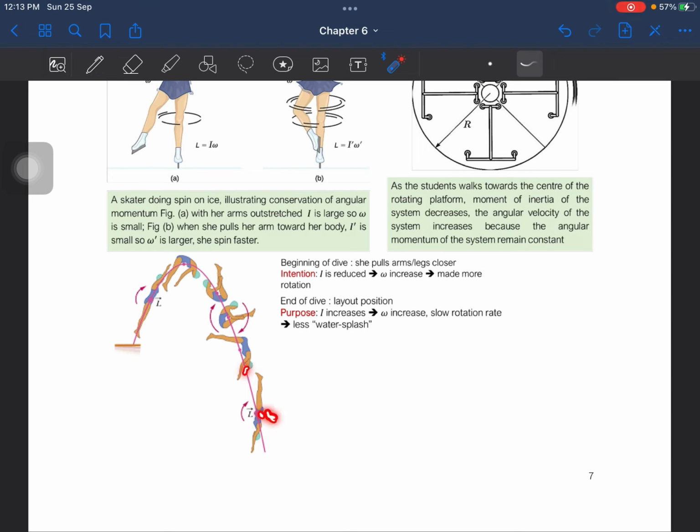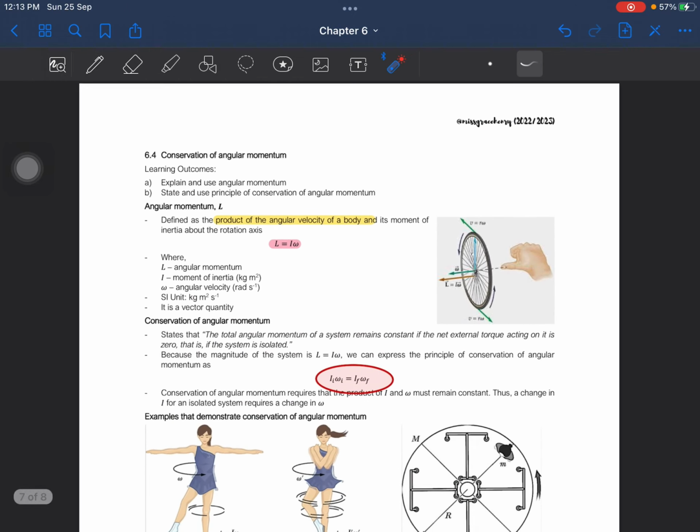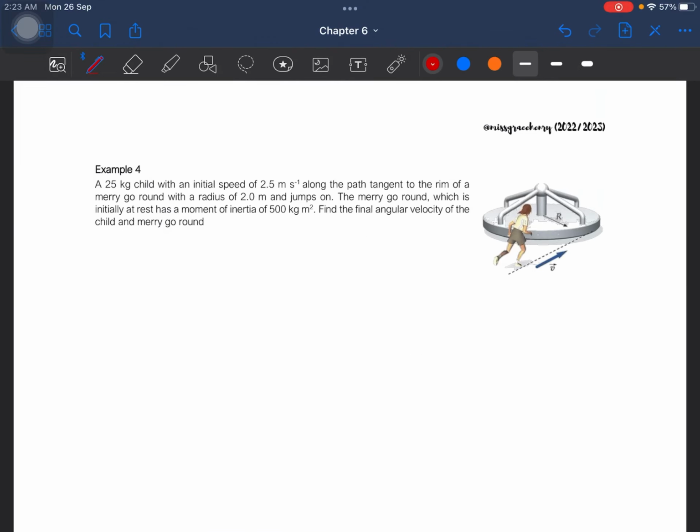Macam itulah cara dorang buat supaya ada less water splash. Okay? Alright, so that is the theory part for our subtopic number 4.